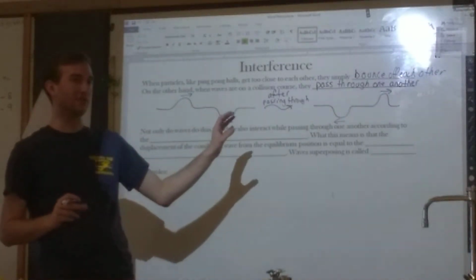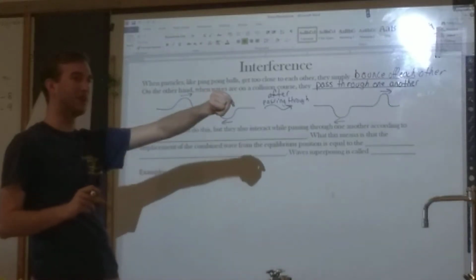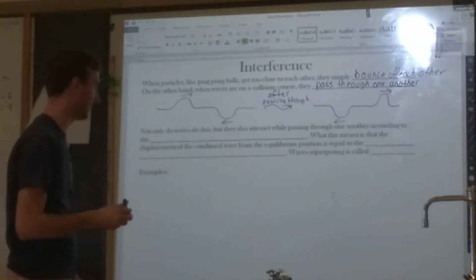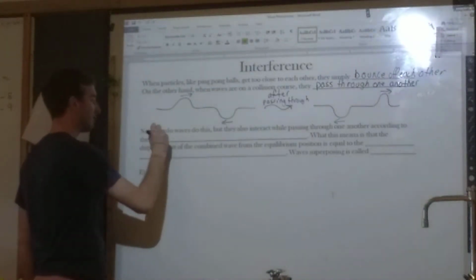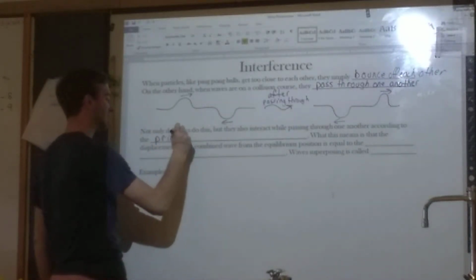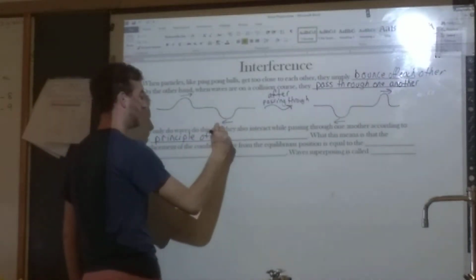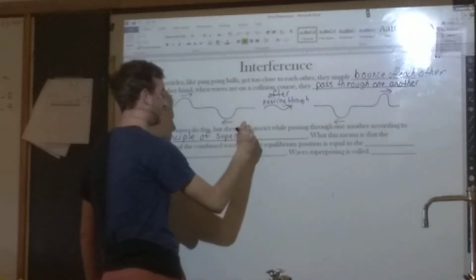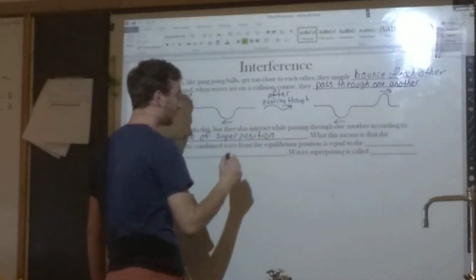So not only do they do this though, but when they are overlapped in the middle, then you get some weird stuff happening. Okay, and this weird stuff is governed by a rule called the principle of superposition. Okay.